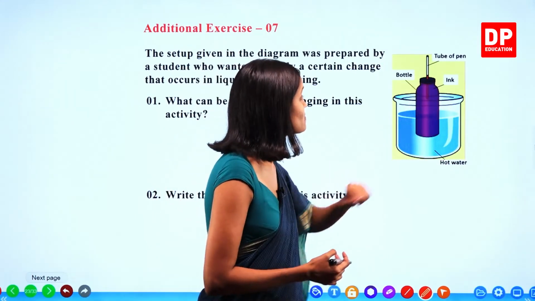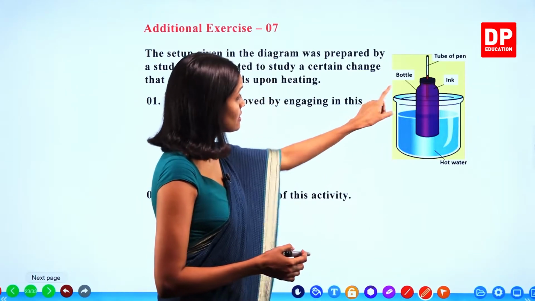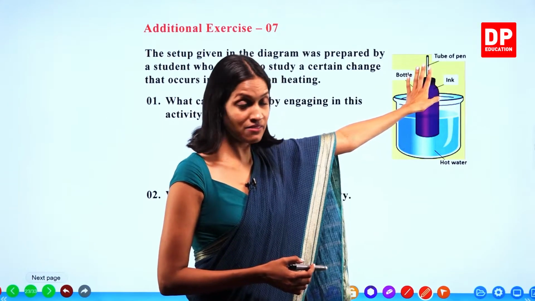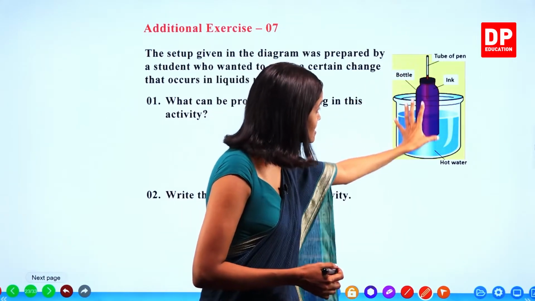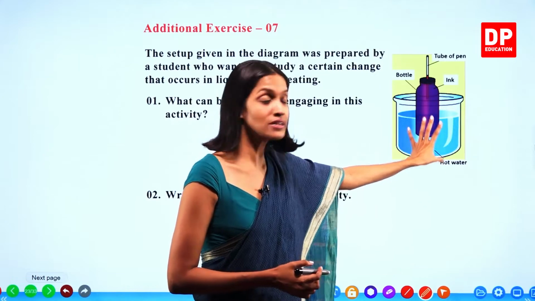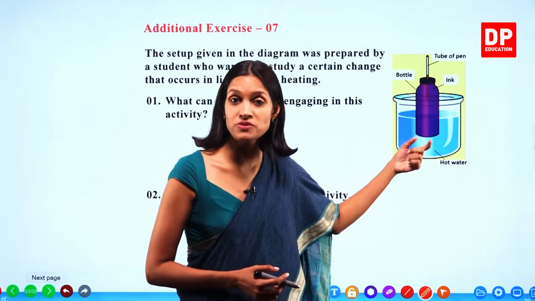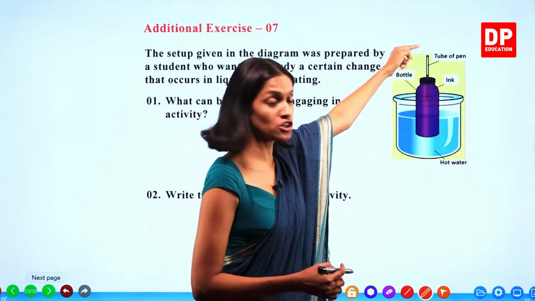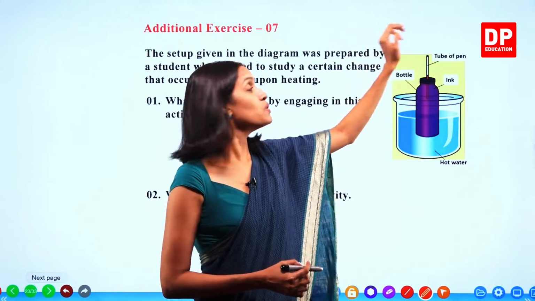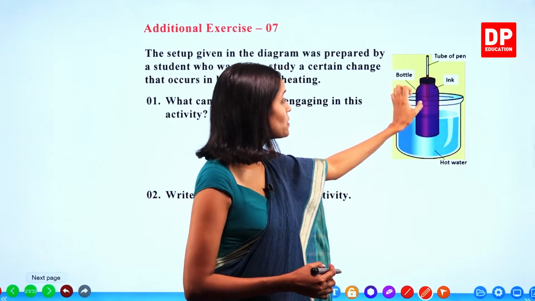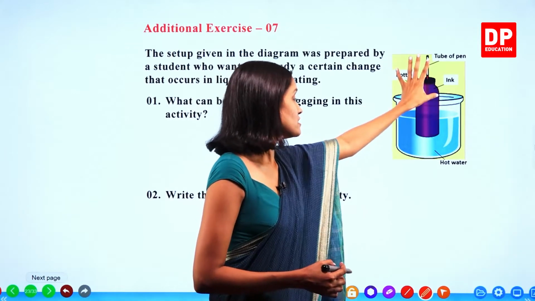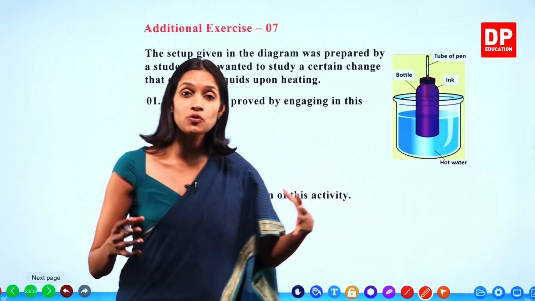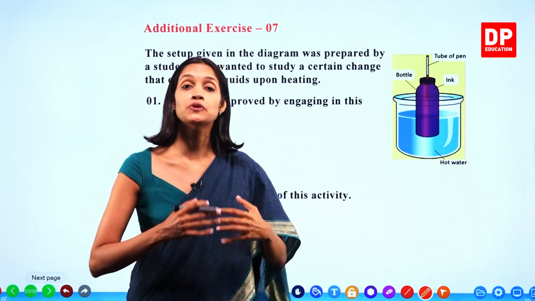What did you all observe, children? So earlier, the level of the ink inside the empty pen tube was up to a certain level. But after immersing this bottle inside hot water, in this hot water beaker, what did you observe, children? The level of the ink inside the empty pen tube increases. Why does this happen, children? You all know that when we immerse this colored water bottle in hot water, this colored water absorbs heat and thereby the water expands.